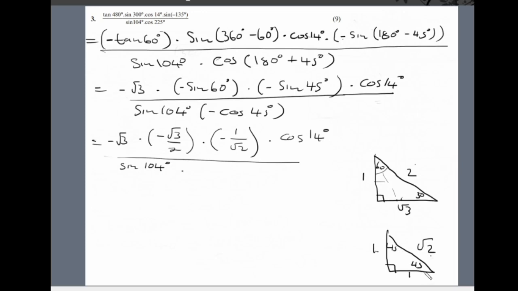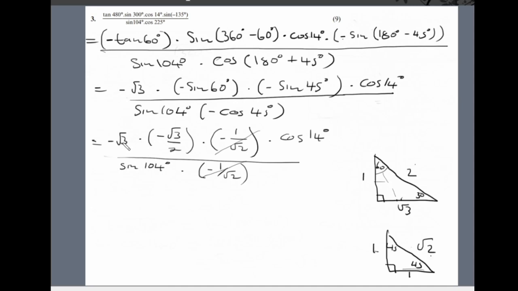Cos 45 is adjacent over hypotenuse, so it's minus 1 over root 2. So minus 1 over root 2 and minus 1 over root 2 will cancel. This negative and that negative will give us a positive sign.